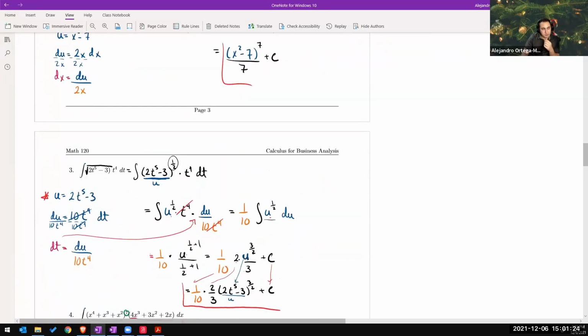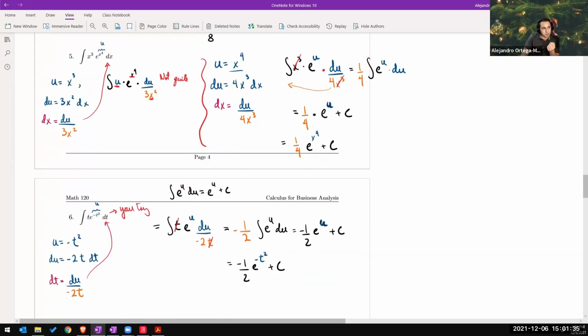If you have radicals, whatever's inside the radical, because it's the same thing as something inside a power, the 1/2 power in the case of the square root, that's typically your u. The examples that we saw right now were problems with exponentials. Typically, the exponent of the e is the u, as we saw in these two examples.